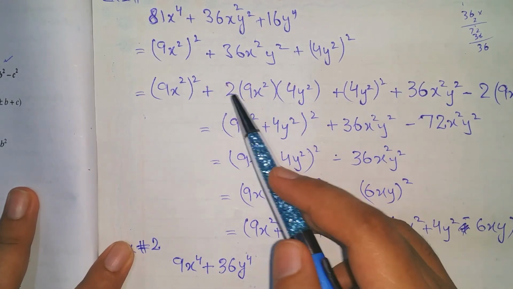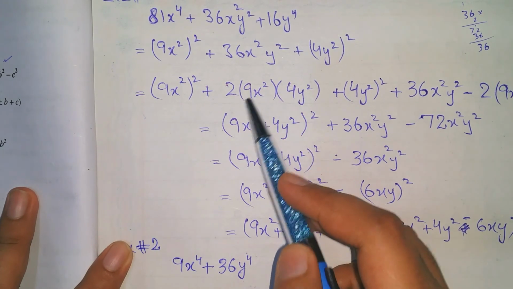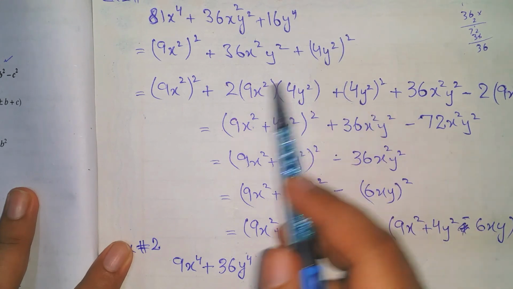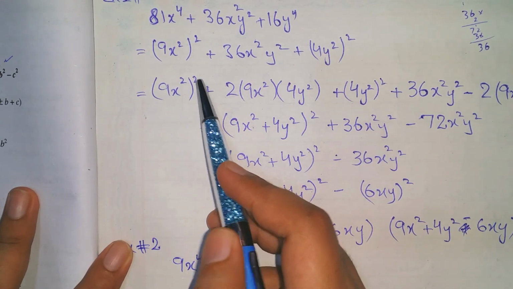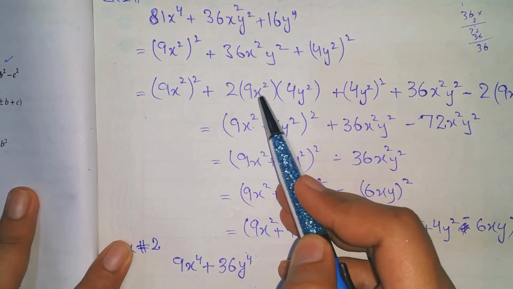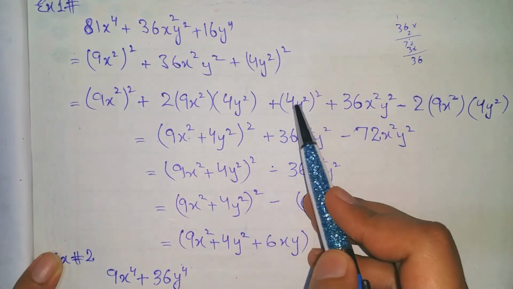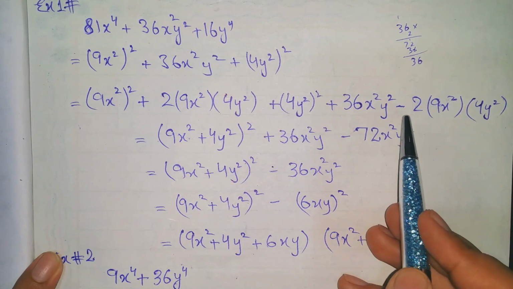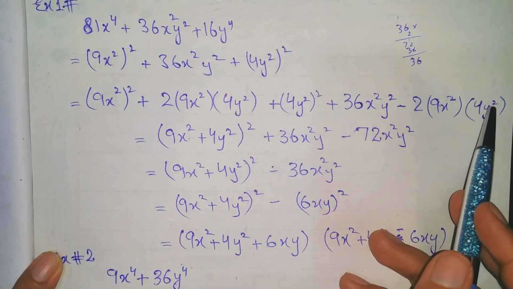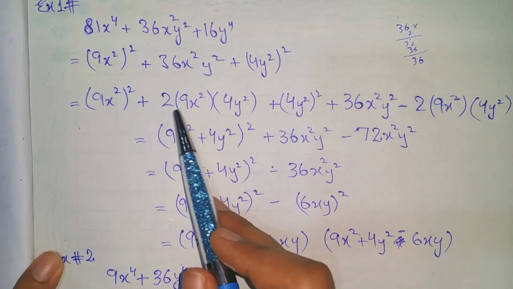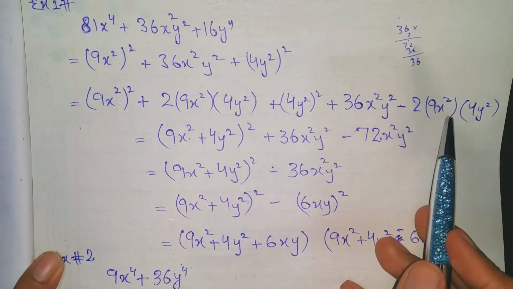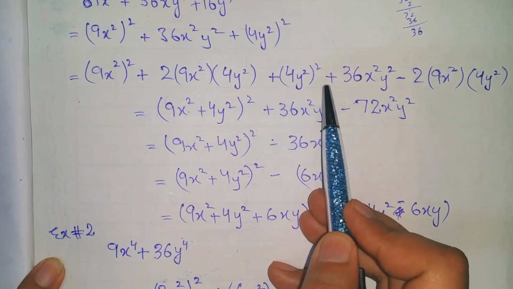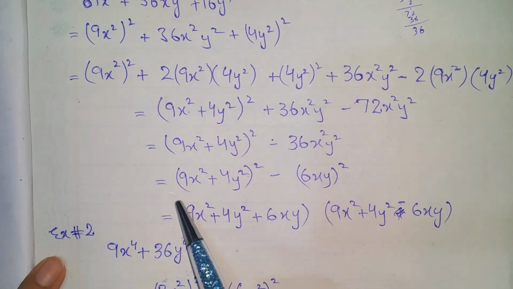So we add and subtract 2ab in this equation, and we get (9x^2)^2 plus 2ab plus b^2 plus 36x^2 y^2 minus 2ab. If we add something, we must subtract it also, otherwise this equation will not be equal to the original.